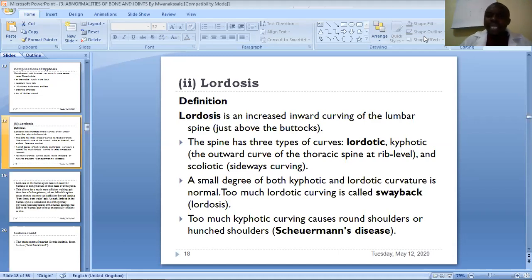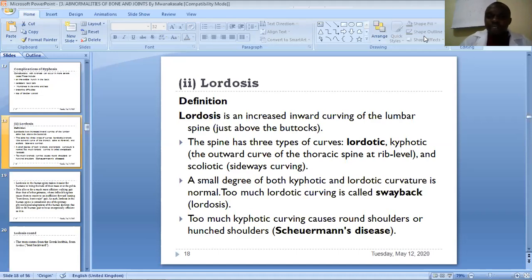A small degree of both kyphotic and lordotic curvature is actually normal. But when the curve angle in the two goes beyond 45 degrees, it becomes abnormal. And the other name for lordosis is sway back.